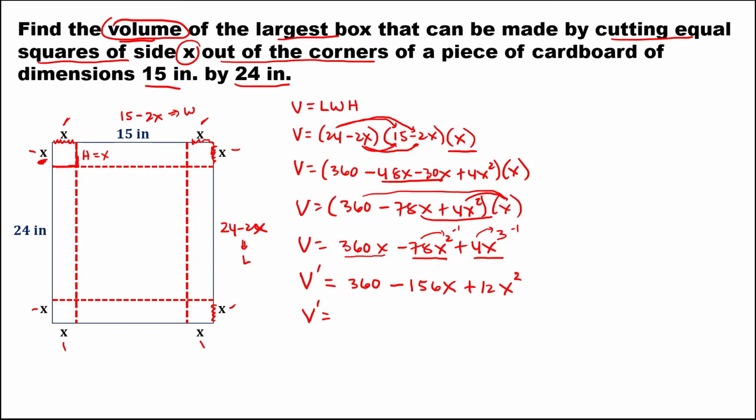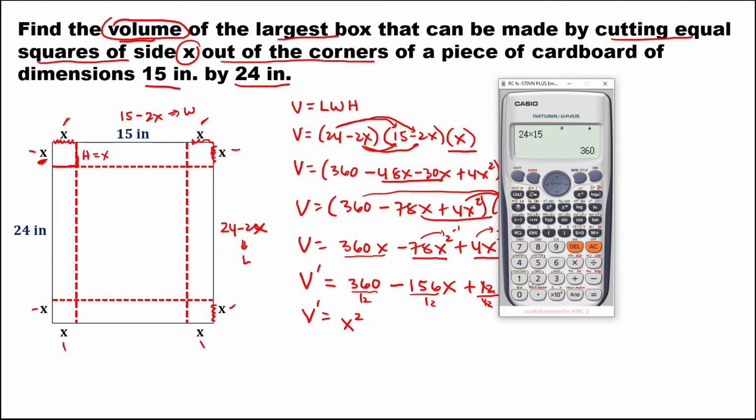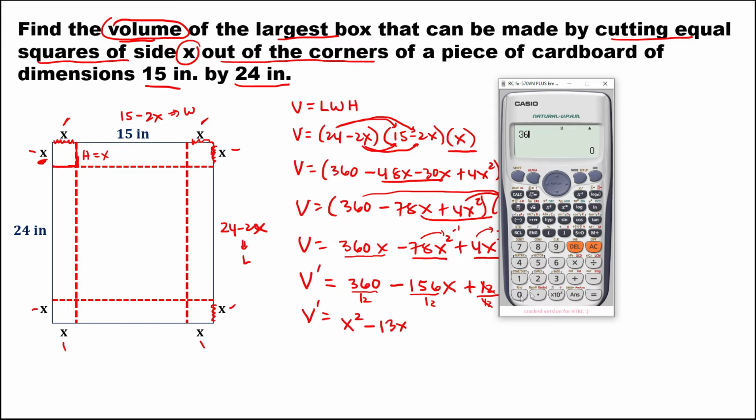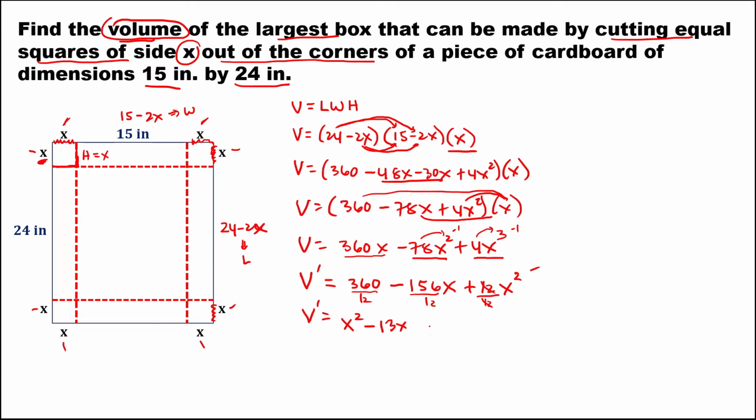Since these numbers are divisible by 12, we start with x squared, then 156 divided by 12 is 13, so minus 13x, then 360 divided by 12 is 30, so plus 30.